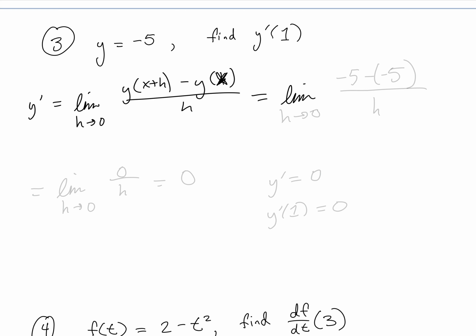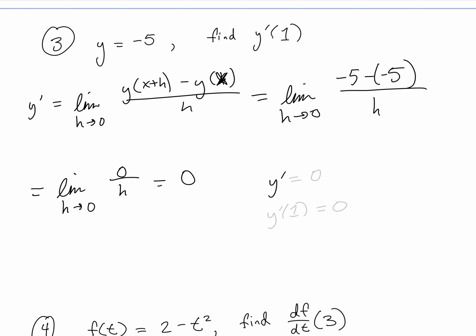So this is the limit as h goes to 0 of an output of negative 5 minus y of x. Well, no matter what x is, again, that's a negative 5 again. And that's divided by h. And so we've got the limit as h goes to 0 of 0 over h, and that is just 0.